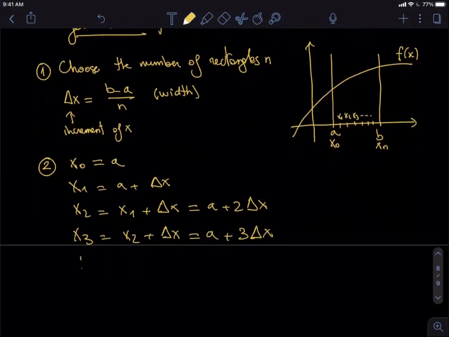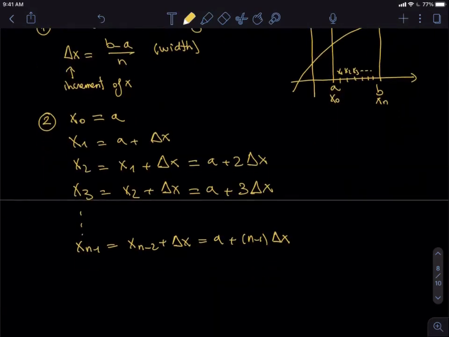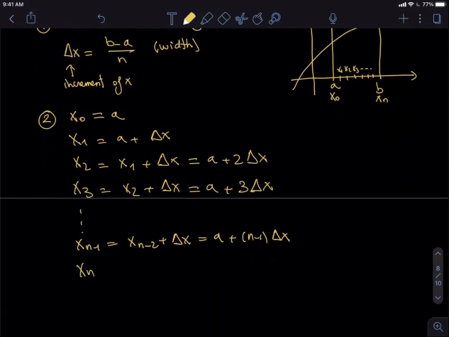And we can keep going. Xn minus 1 is xn minus 2 plus increment of x, which is a plus n minus 1 increment of x. And then the last one is xn minus 1 plus increment of x, which is a plus n increment of x.